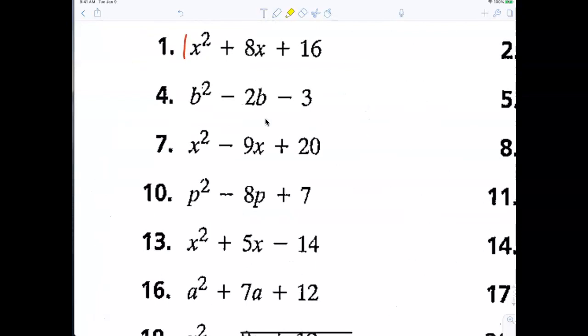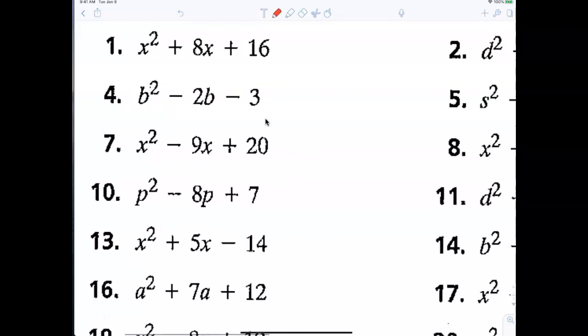X squared plus 8x plus 16. Take your time. X plus 2 and X plus 8.